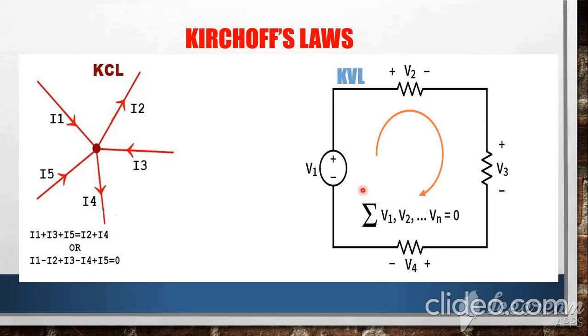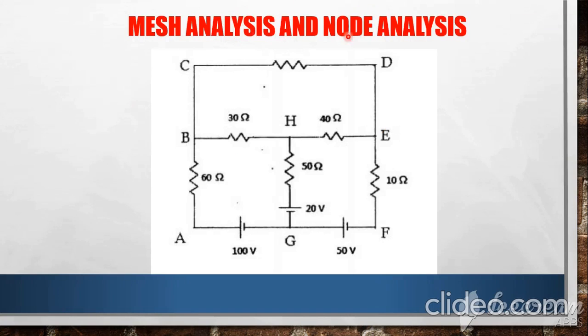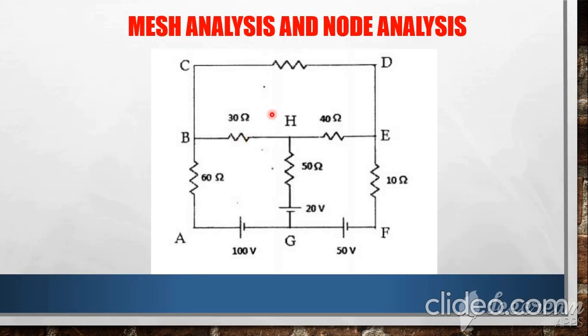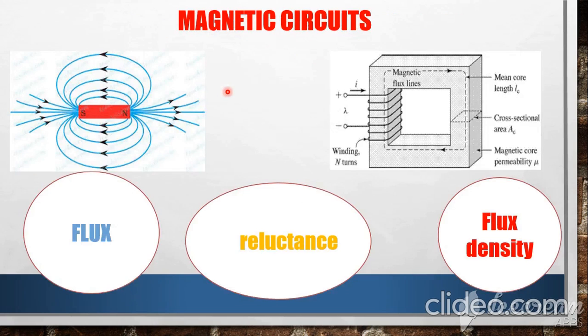The heart of this chapter is the analysis, that is mesh analysis and nodal analysis using Kirchhoff's current law and Kirchhoff's voltage law in the first module. Also we will be learning star delta conversion in the first module.